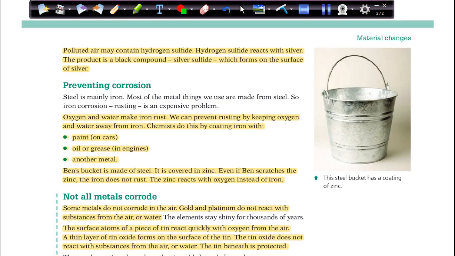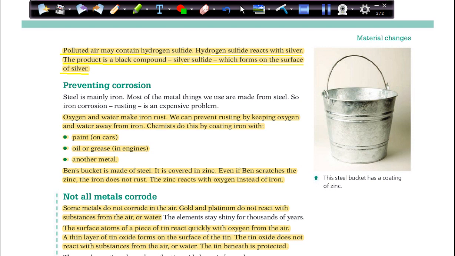Polluted air may contain hydrogen sulfide. Hydrogen sulfide reacts with silver. The product is a black compound, silver sulfide, which forms on the surface of silver. So with this condition, silver could corrode with the polluted air, because polluted air may contain hydrogen sulfide.